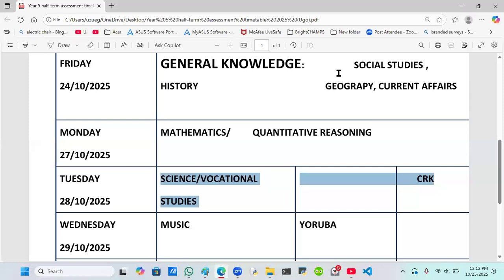Okay, so we can use our tomorrow's class for science and vocational revision. Is that okay? Okay. All right, 4 p.m., right? Yes. Please make sure that you're available by that time.